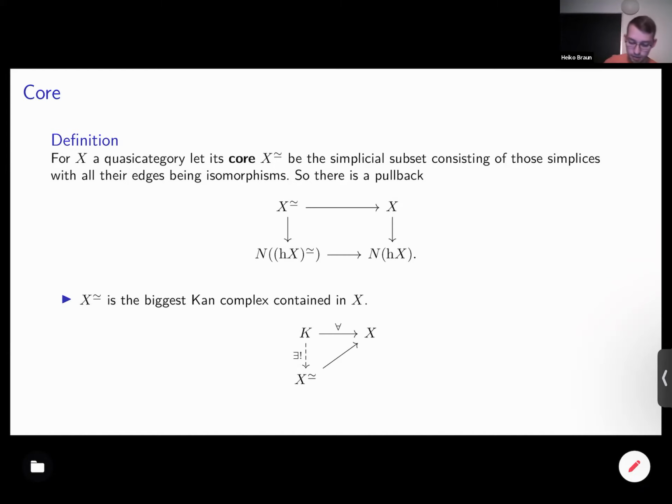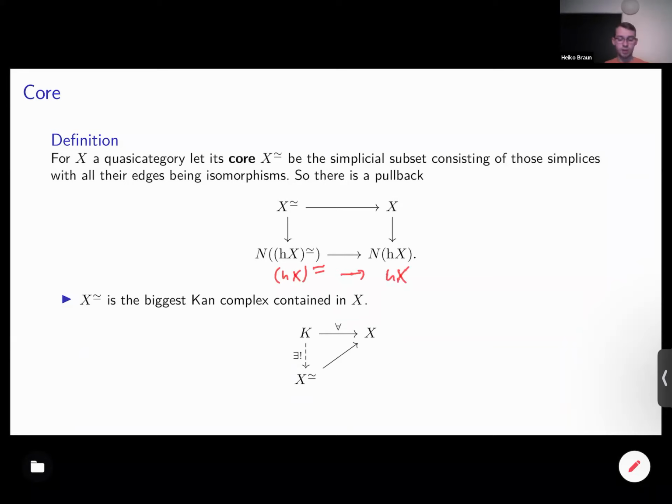And then if you take the unit of this adjunction, what it means is that here the nerve of the core of the homotopy category gives you a map from N(hX)^core to N(hX).